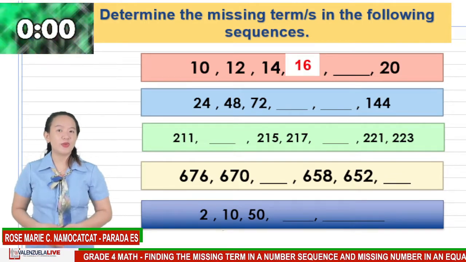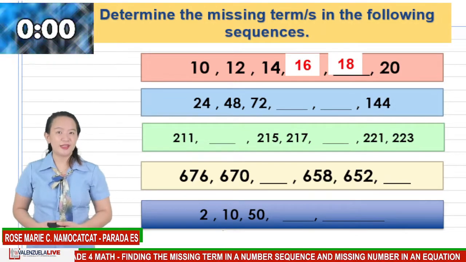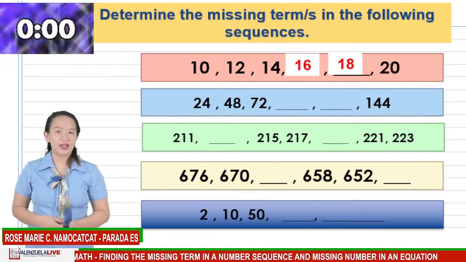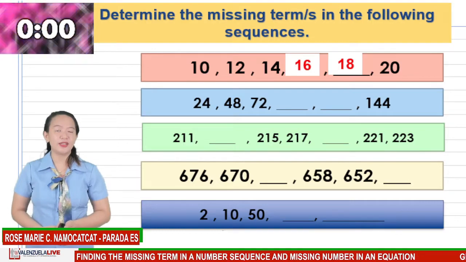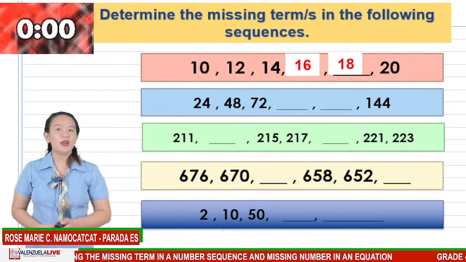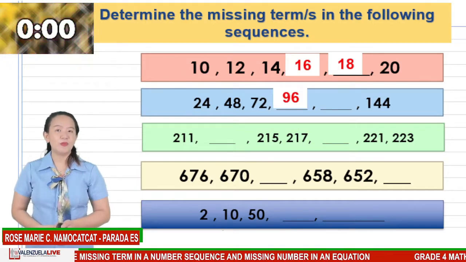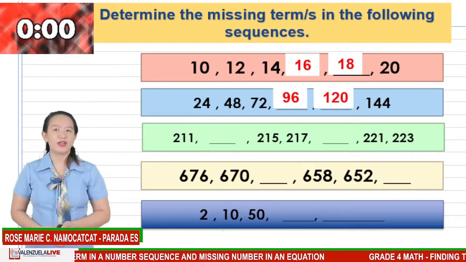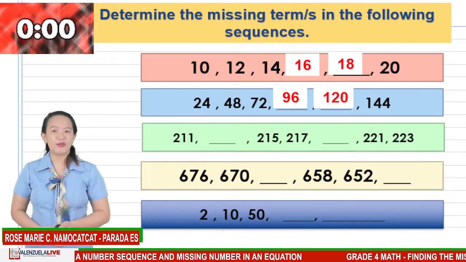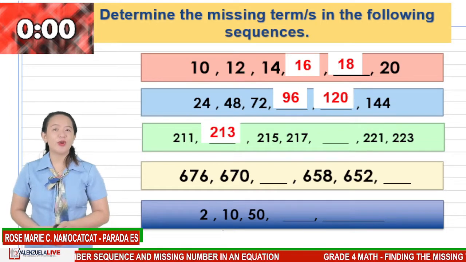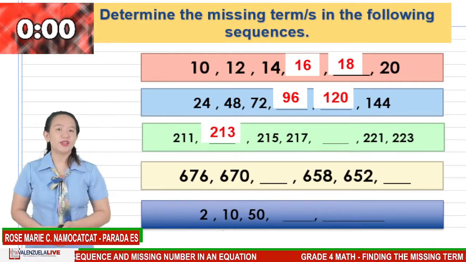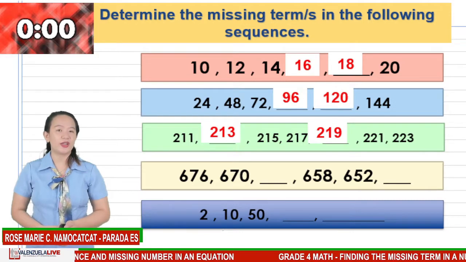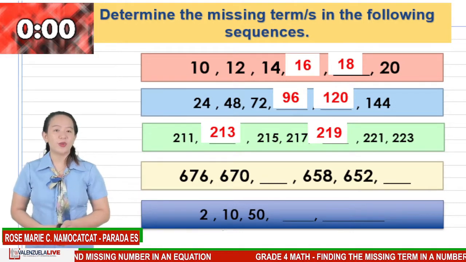For the first one, we have 16 and 18. For number 2, for the next pattern, we have 24, 48, 72, 96, 120, and 144. The next one, 211, 213, 215, 217, 219, 221, and 223.